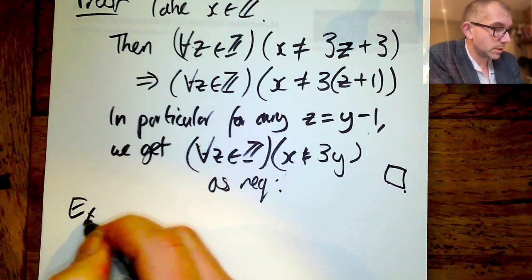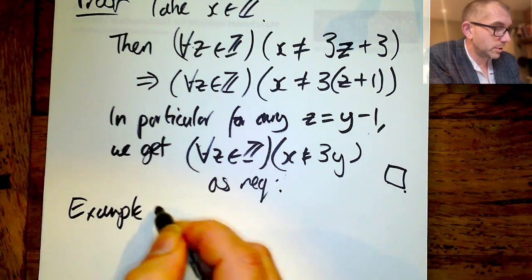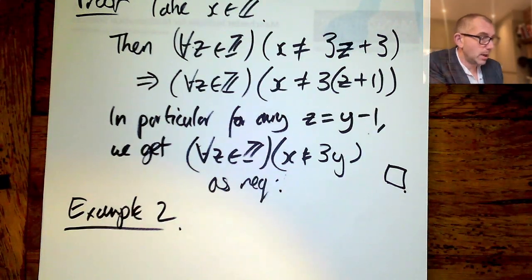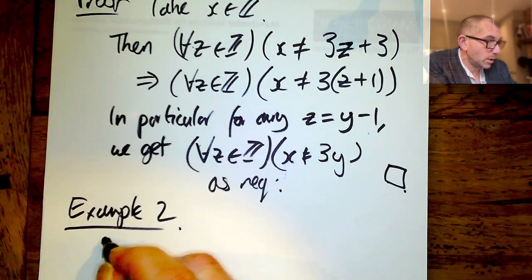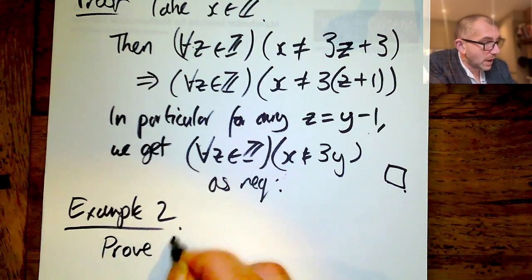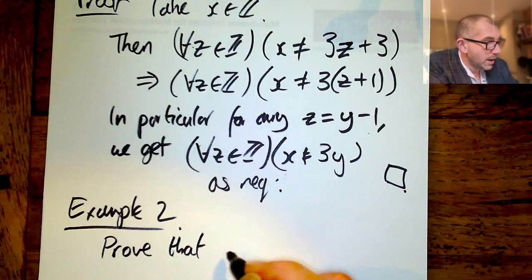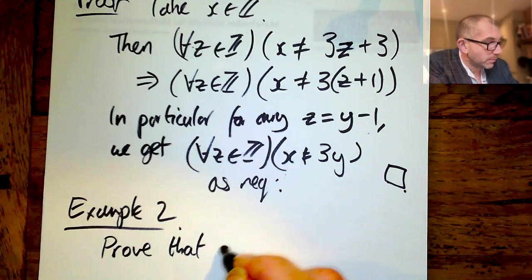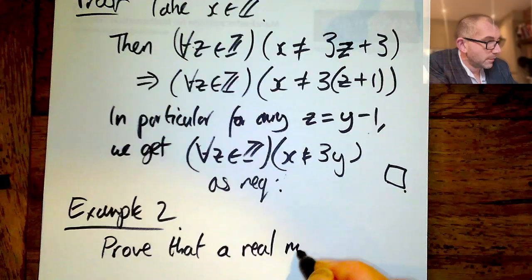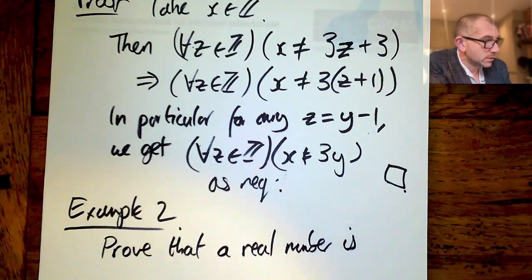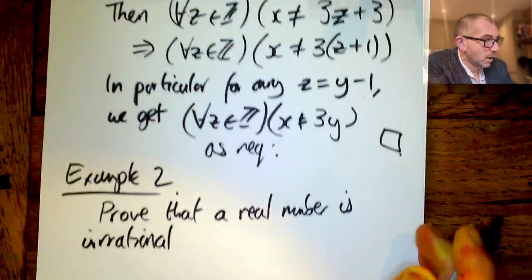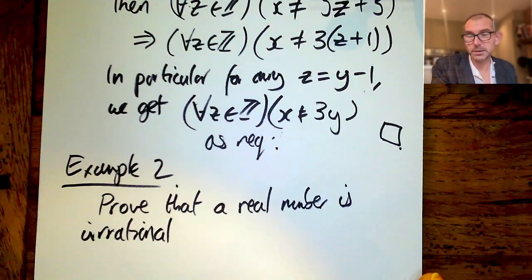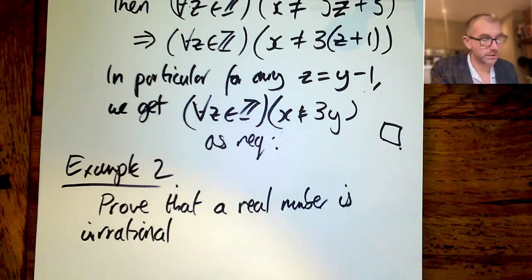So another example, number 2. This will be over the reals. Prove that a real number is irrational implies that 1 over it is too.